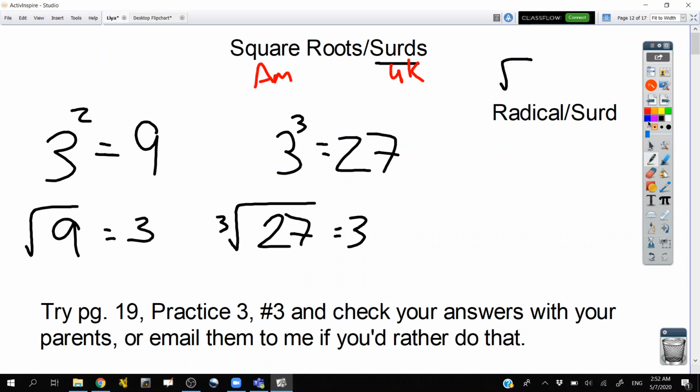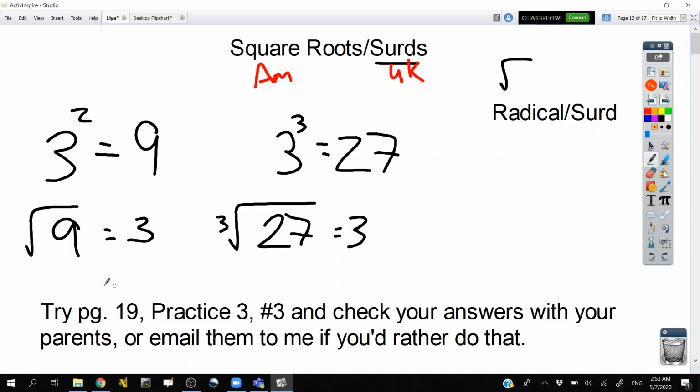What's strange that means with the square root is we do not write this 2 that's in front there, but there is an invisible 2 that's in there. If there's nothing written there, then it is always a square root, and you're looking to cancel out like a squared. So you're thinking, what squared makes 9? 3. Whereas here there's a 3 filled in, so now it's not squared. We're thinking, what cubed makes 27? And in the end, it's 3 in this case.